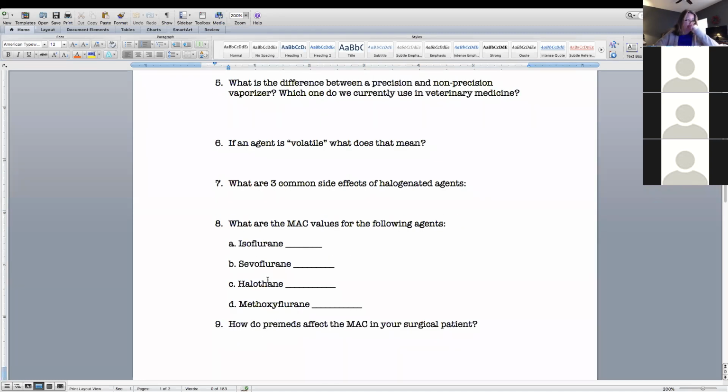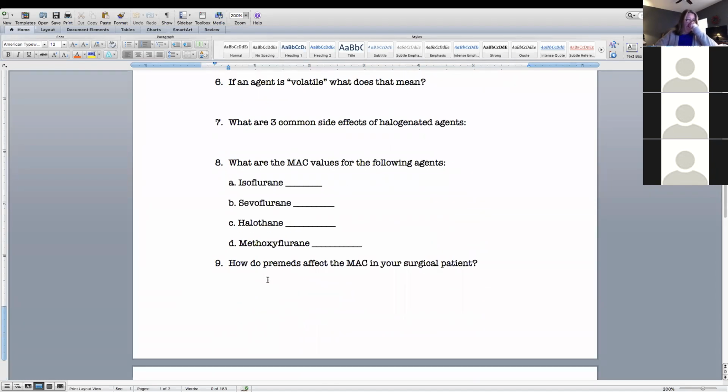I just gave you the MAC values. For number 9, how do pre-meds affect the MAC in your surgical patient? It lowers the MAC. They are called MAC sparing. Theoretically, if I compare 2 dogs, one gets a pre-med and one gets nothing, the dog that has pre-meds, you should be able to use less of a percent, and that's your MAC.